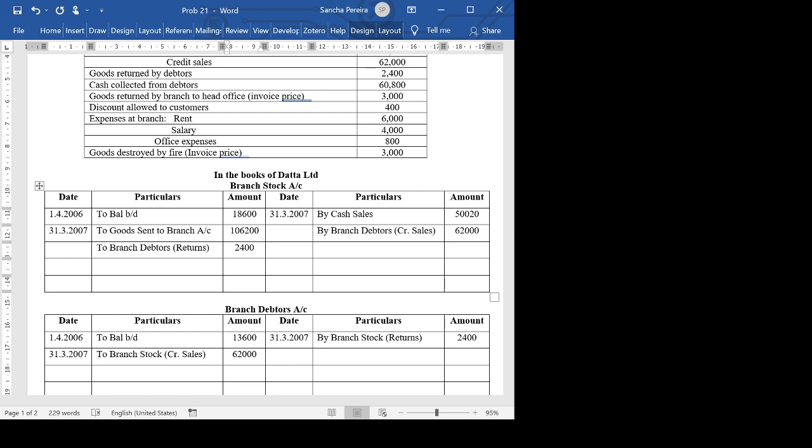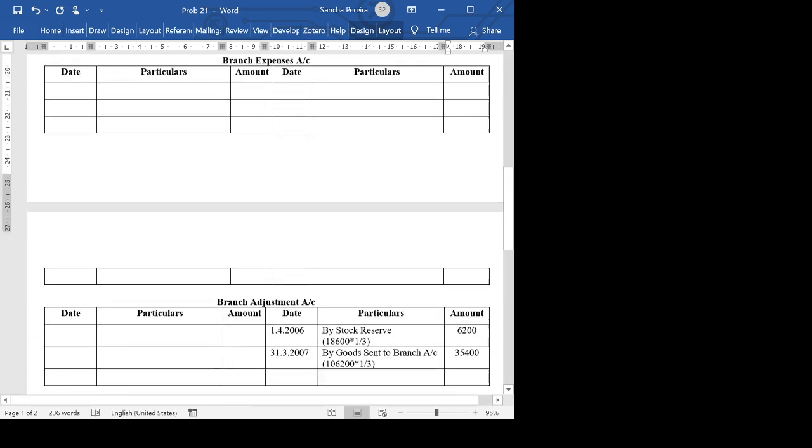Next, goods returned by branch to head office. Now, this is a return by the branch to the head office. The earlier one was a return by the debtors of the branch to the branch. So now goods are going out of the branch to the head office. So, goods sent to branch account, 3,000, and on this we'll have to calculate loading.